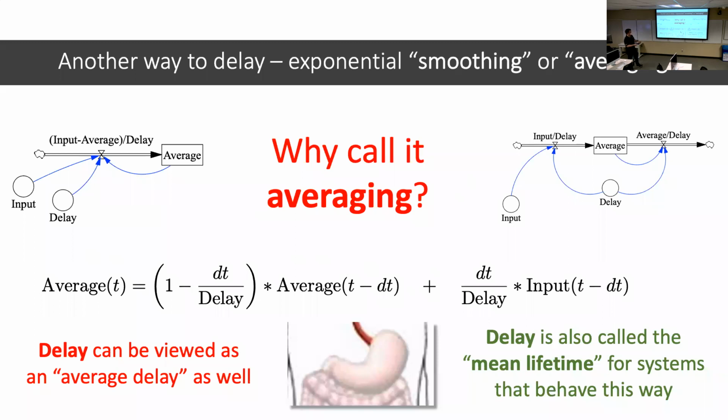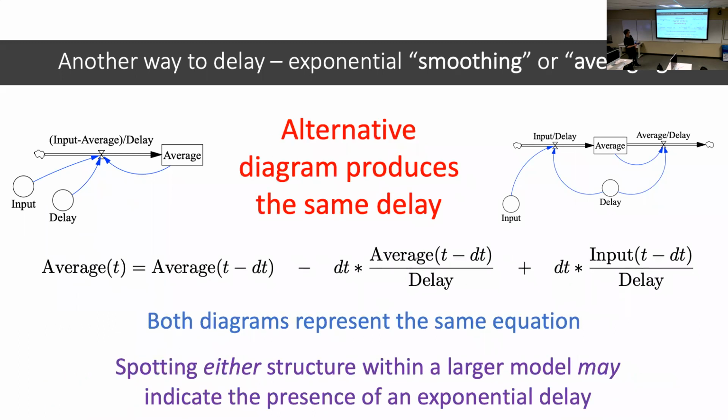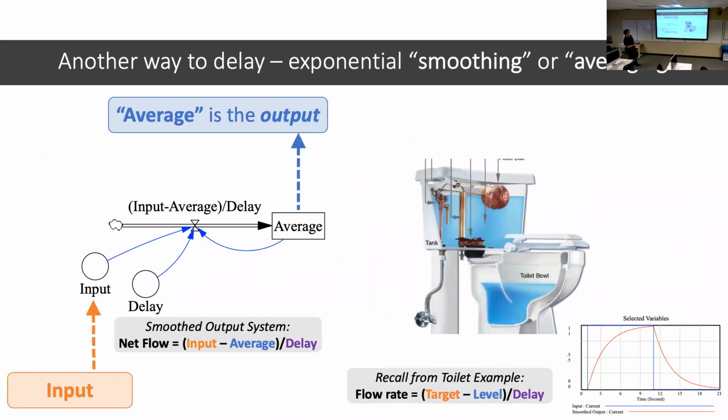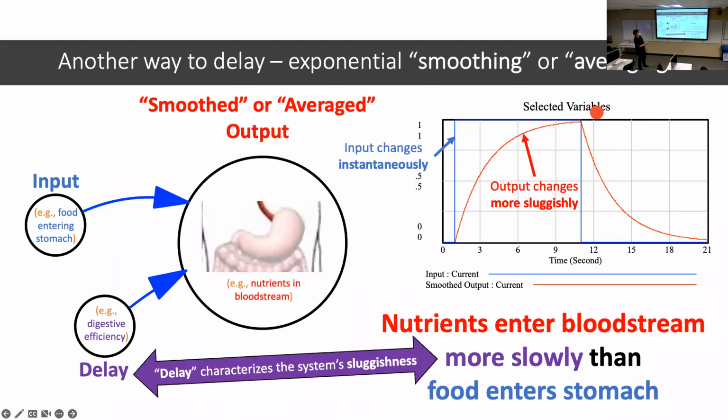if I were to go back to the curve that showed the exponential decay, I think it's right here, this will work. So if I think about this drop here, let's say food has now exited the stomach, and I want to see how quickly that is felt in the bloodstream. The time constant, or the average delay, is the time until this reaches 63% of a drop, or in other words, reaches about 37%.